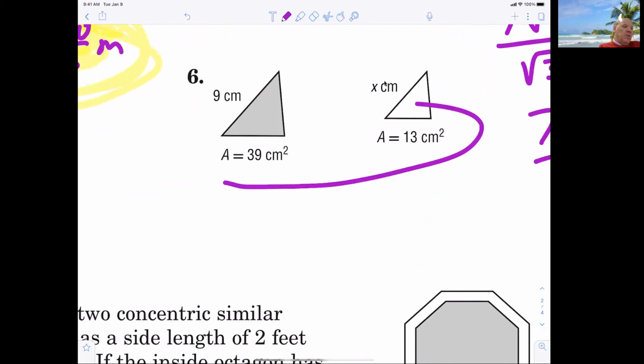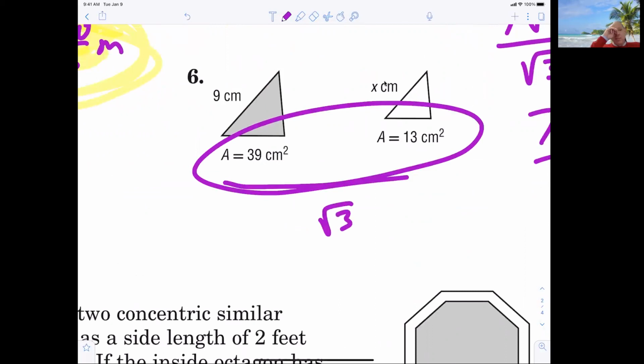What's the ratio of the areas? 3-to-1. So that means the ratio of the sides is radical 3 times what? Radical 3 times larger or smaller? Oh, yeah.